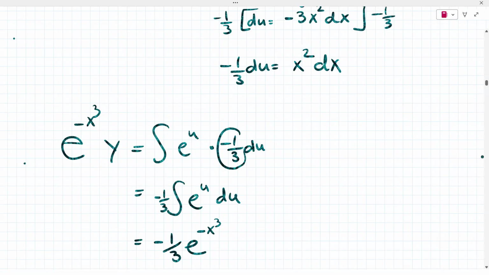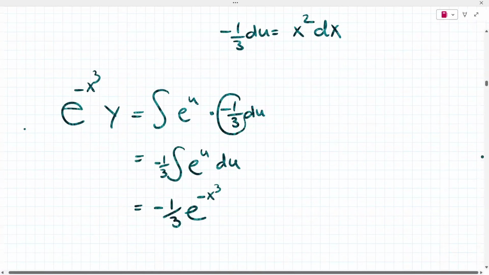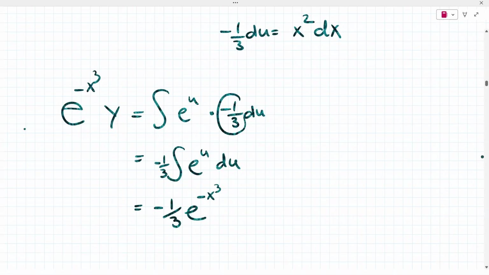Right. So this is what the integration is going to be. And then on the left, we have e to the negative x cubed y. And then remember we said to add the plus c on the right-hand side, so that's what we're going to do.